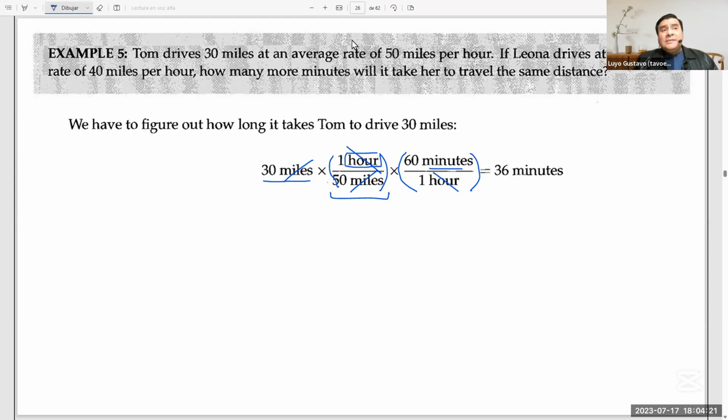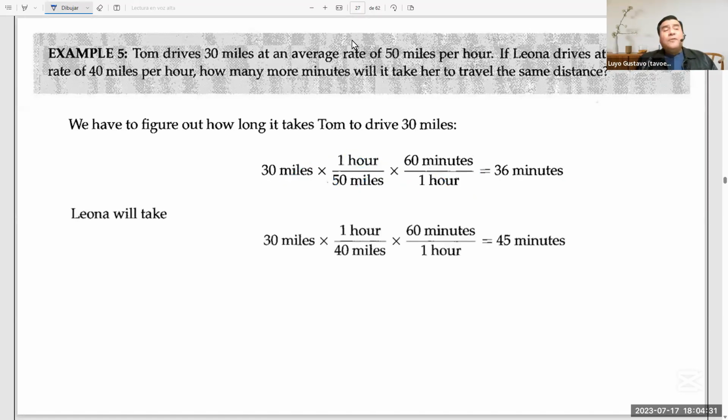And doing this, we get 36 minutes is the time Tom will take to drive the 30 miles. Now, what about Leona? If you do the same for Leona, multiplying the same distance she's expected to travel by the rate she has, the speed, then by the conversion factor between minutes and hours, we get 45 minutes for her.